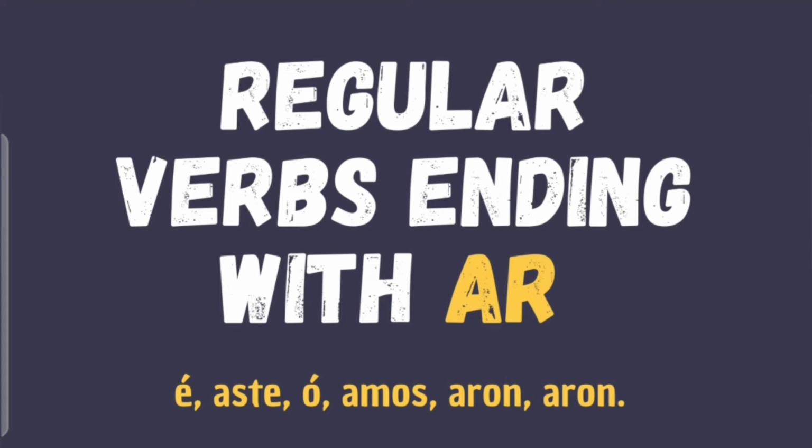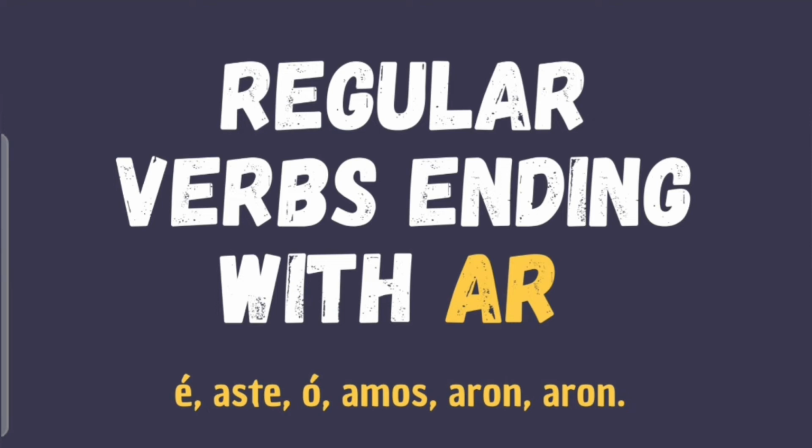I will be explaining that later on. Depending on the personal pronoun, if it's a regular verb ending with -ar, then your verb has to end with these letters: é, aste, ó, amos, aron.